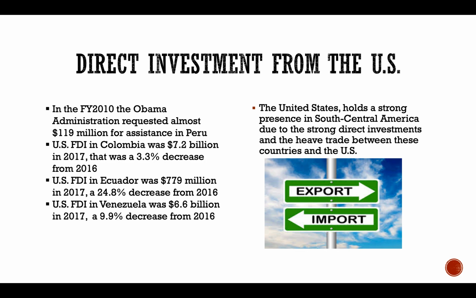And the U.S. FDI in Venezuela was $6.6 billion in 2017, also about a 10% decrease from 2016. That is the most current information on how much direct investment the United States has been giving to these countries in this South Central America region.